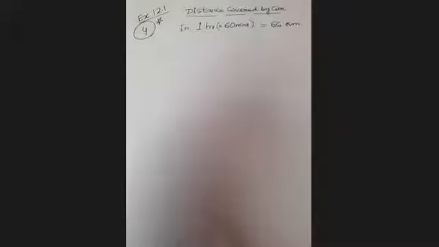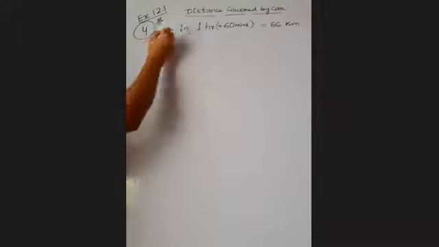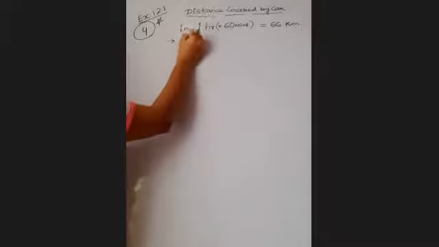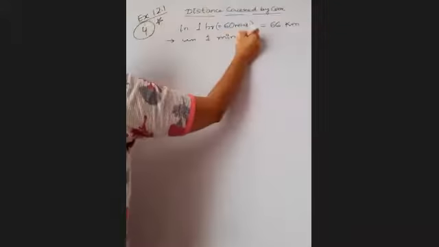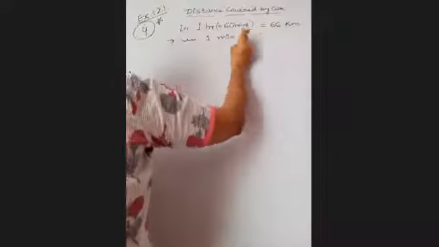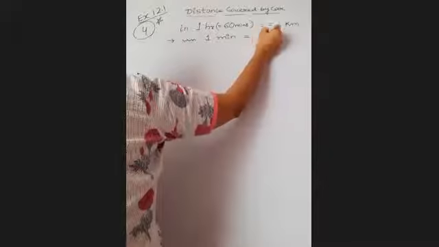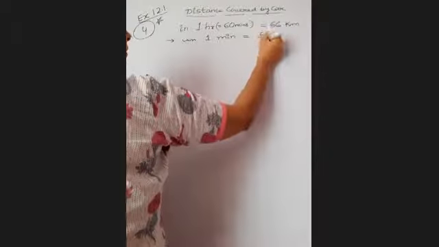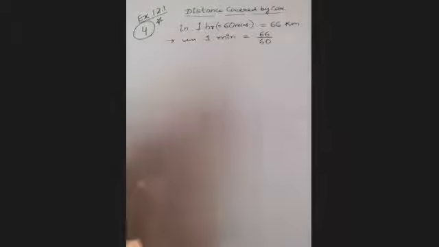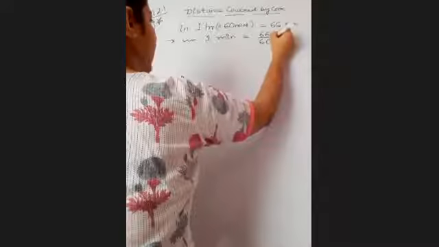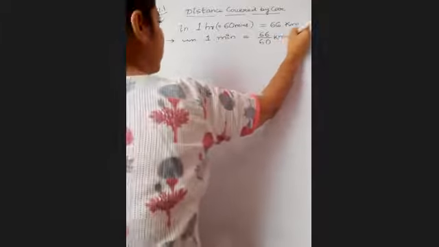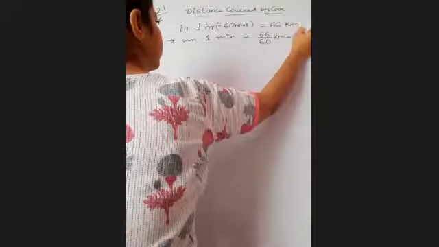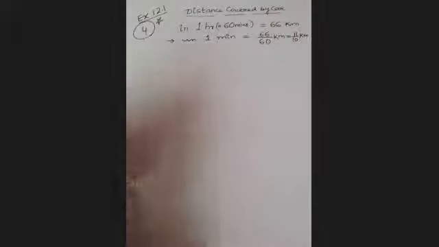So, in 1 minute, what will be the distance covered in 1 minute? 66 upon 60. This is your unitary method. I can divide in the table of 6. In the lowest form, it will be 11 by 10.